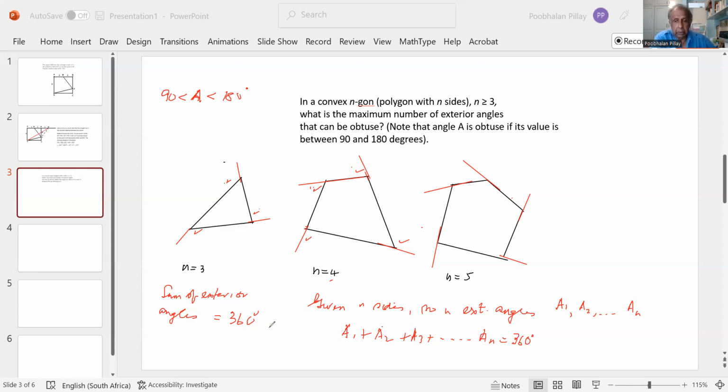So when n is greater or equal to 4, at most 3 angles are obtuse.